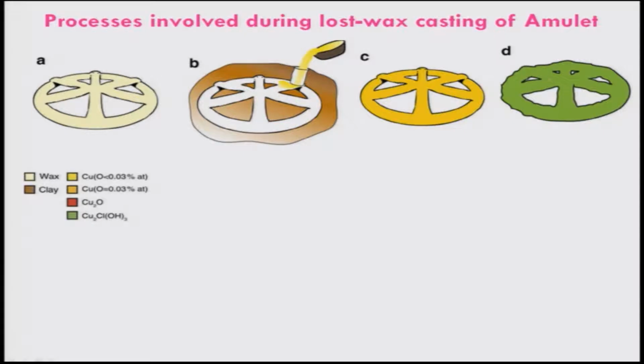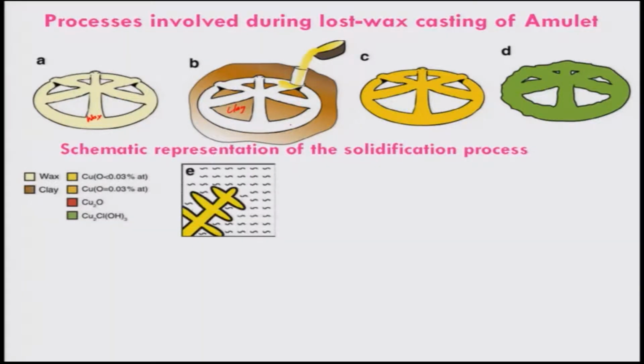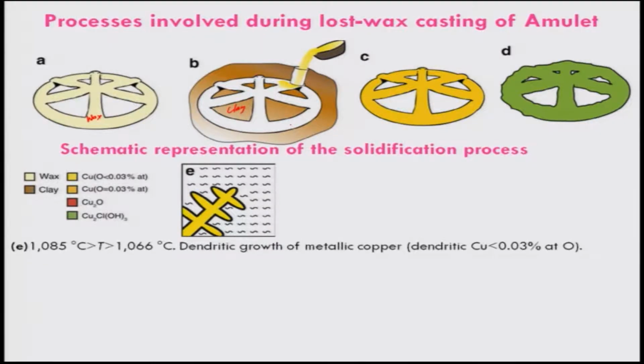And as I told earlier, this is basically wax, right, and this is your clay kind of thing throughout. And they looked at a small portion to find out what is happening during the solidification process. They have found that there are dendrite structures when the temperature is between 1085 and 1066 degrees Celsius.